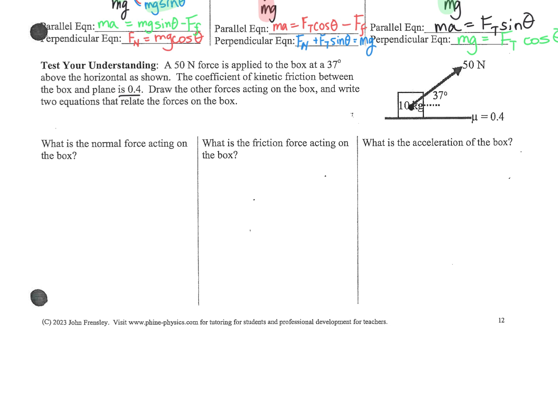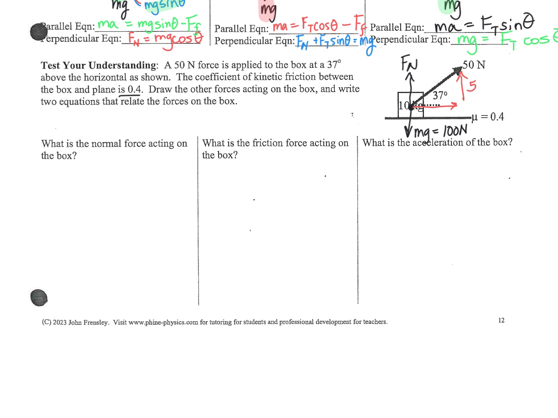Okay, so we know we have mg acting downward, and that's going to be 10 times 10, which is 100 newtons. We've got the normal force going upwards. We're not going to say that's 100 because it's not necessarily. We've got components to this guy, one going this way and one going up.